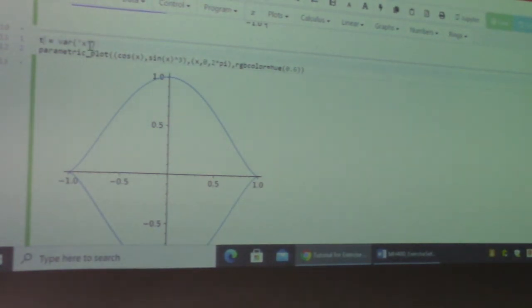I like to use t for a parameter, personally. Then this would feel more right to me. At least I don't like to use x for a parameter. Just seems off to me. So that's pretty cool. We can plot parametric curves like that.